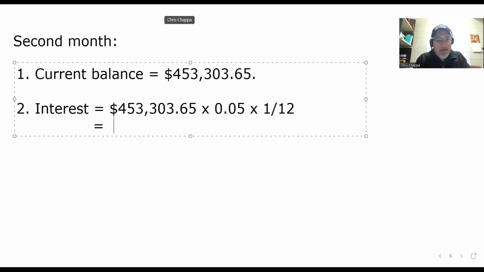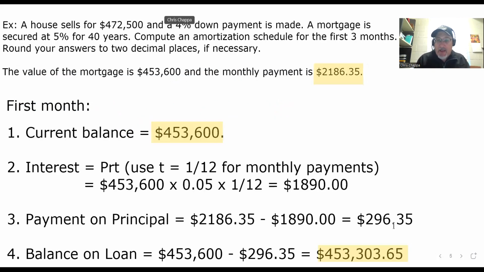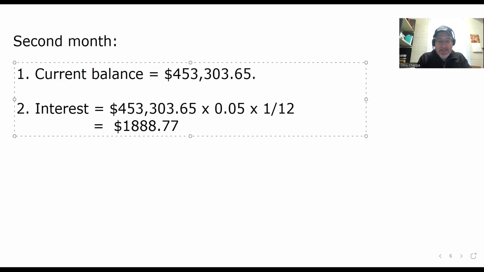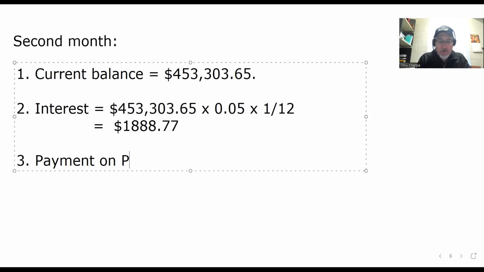Is it going to be noticeably lower? Well, you tell me. On the second month, my interest is $1,888.77 to the nearest cent. In the first month, my interest was $1,890. So notice that my interest went down by $1.23, but it went down, so it's got some promise. And what that means is that my payment on principal is going to be higher.